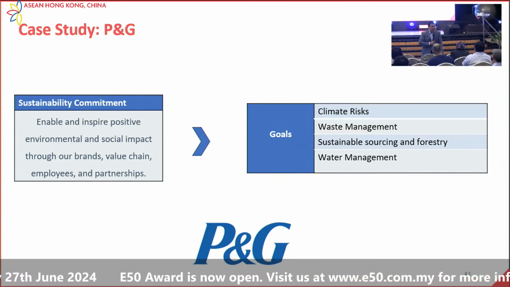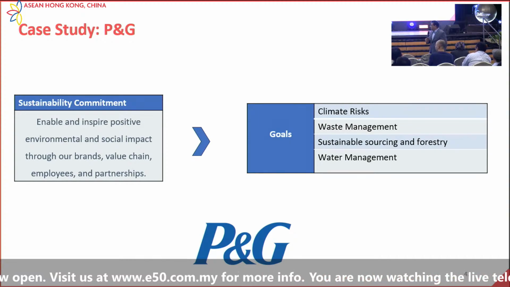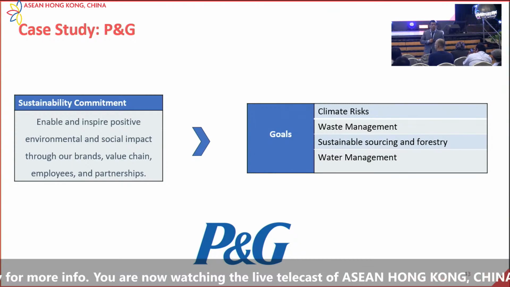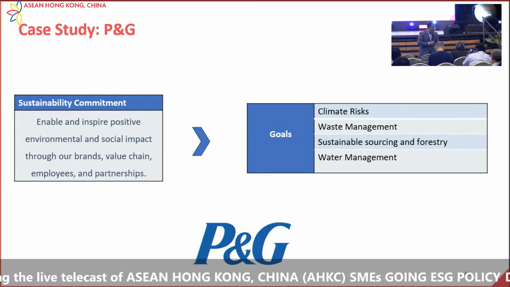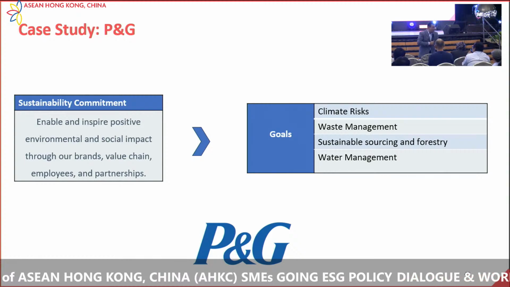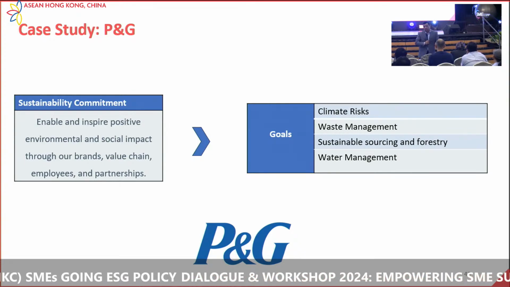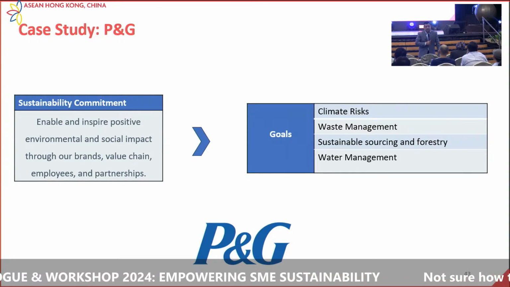Their commitment is very simple: to enable and inspire positive environmental and social impact through our brands, value chains, employees, partnerships, full stop. So if a company as large and well-known as P&G only ends up having something as simple as this, why should we be aiming for a full A4 page for our commitment?